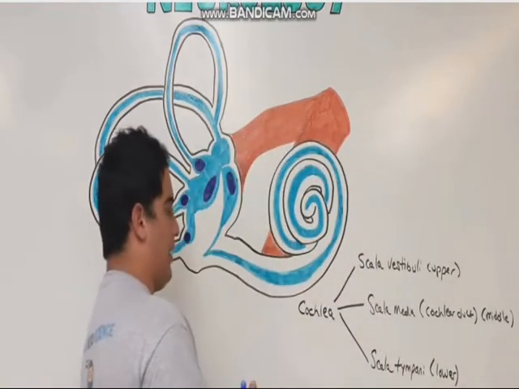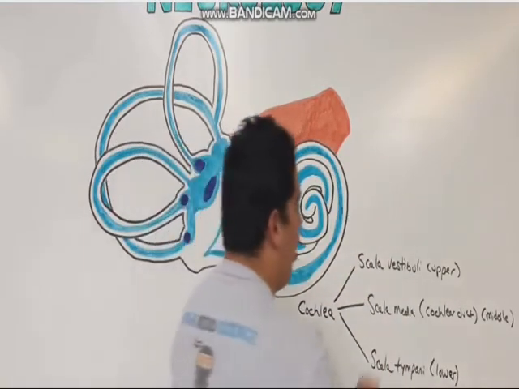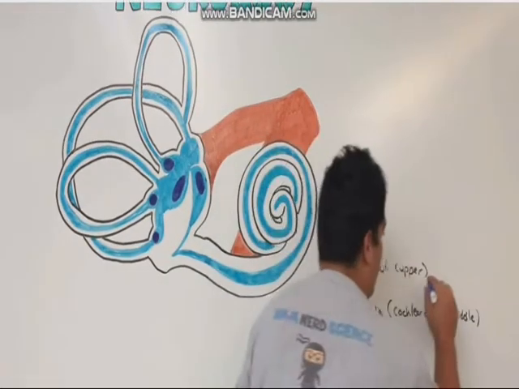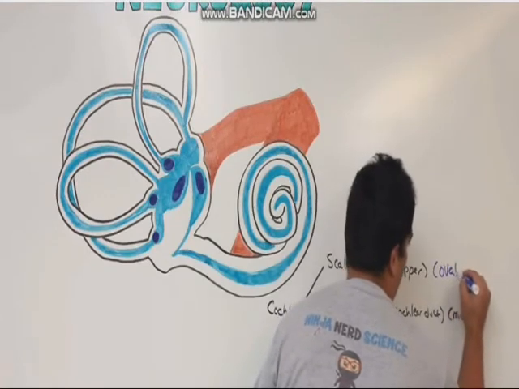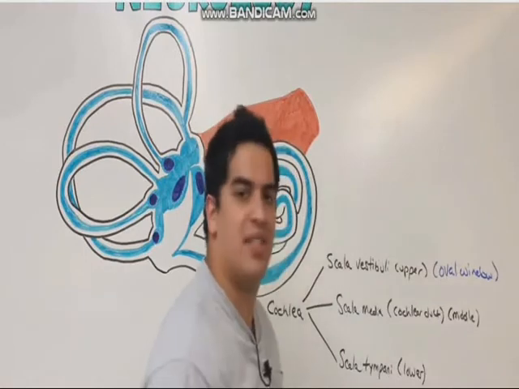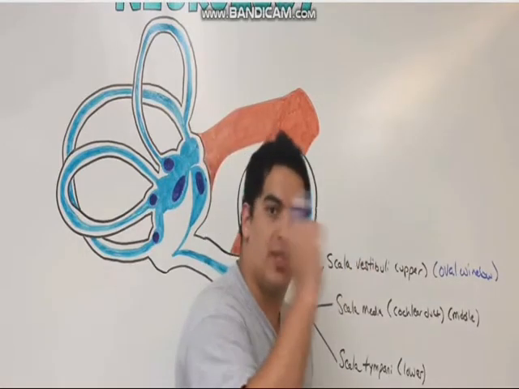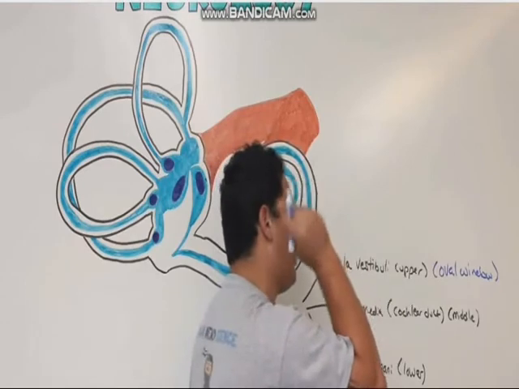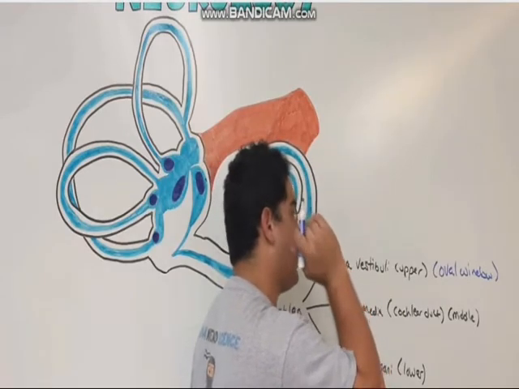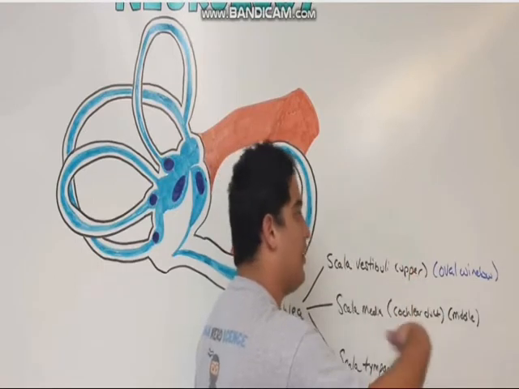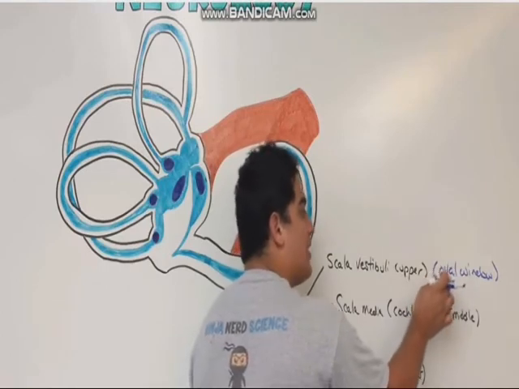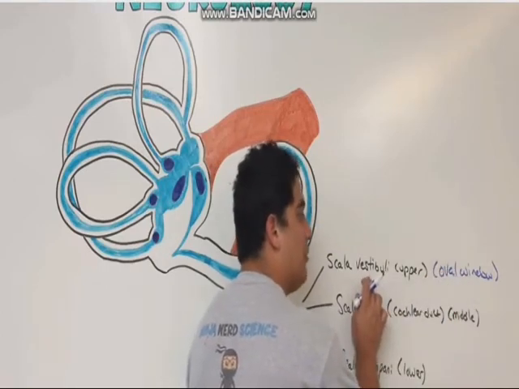This is inside the cochlea: scala vestibuli, scala media, scala tympani. Scala vestibuli faces the oval window. When sound enters the ear, it goes to the footplate of the stapes, then to the oval window.